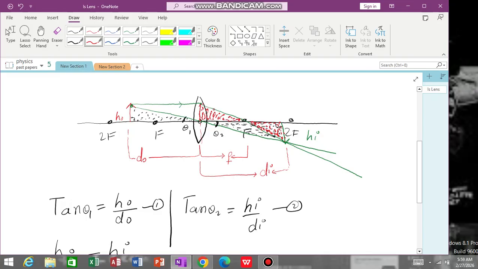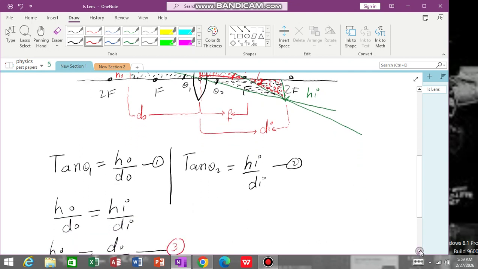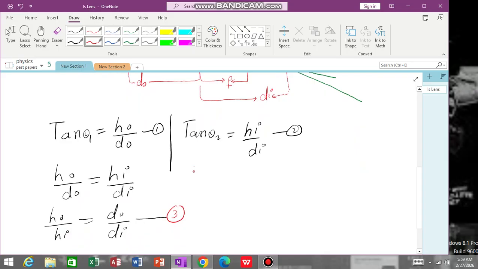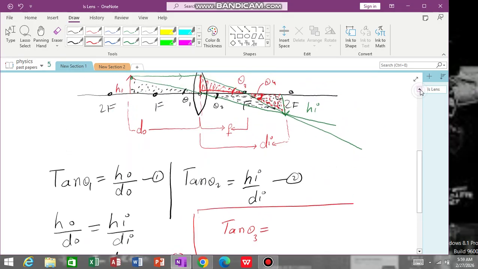Now in this triangle, if I consider this angle as theta 3 and this other angle as theta 4, then tan theta 3 is equal to perpendicular divided by base.